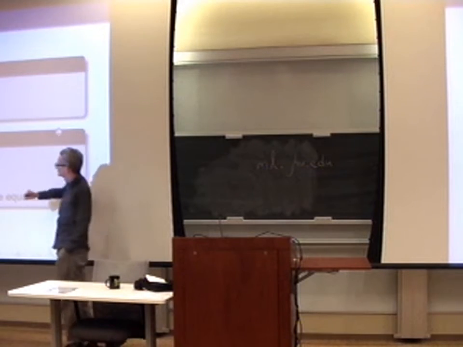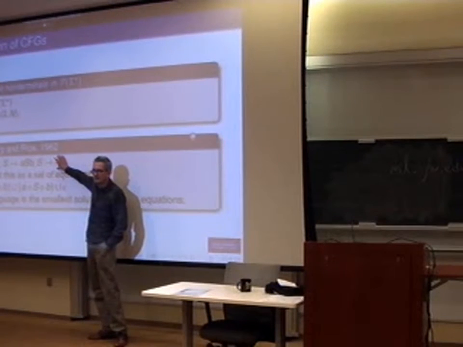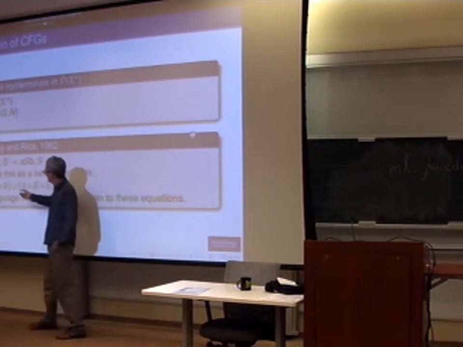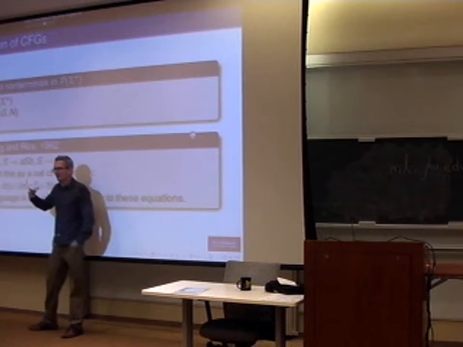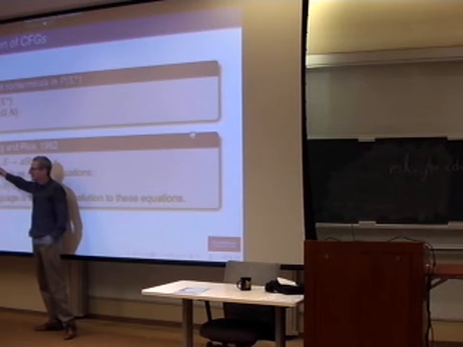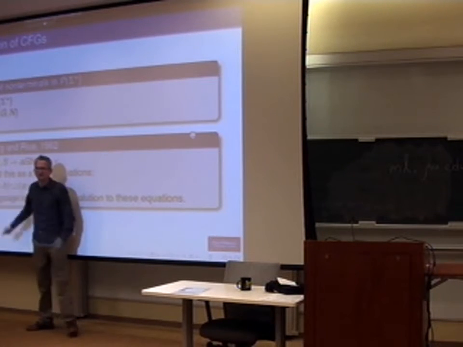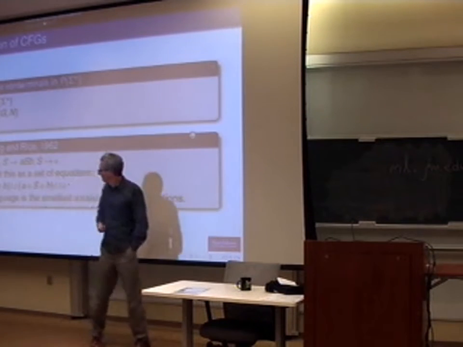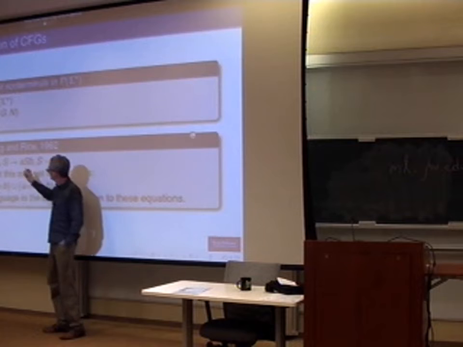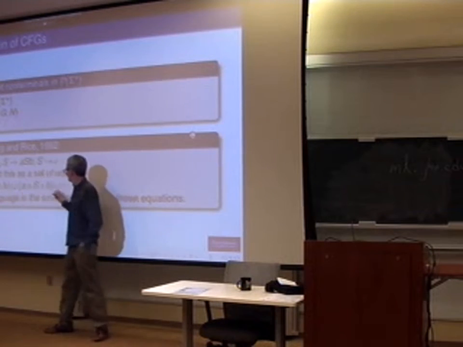Now, what Ginsburg and Rice show is that if you have some context-free grammar, maybe one which just has this set of productions here, we can view this as a set of equations, where S, now instead of being a symbol, is a variable that refers to a set of strings. We can convert the right-hand side of each of these productions by using this concatenation operation, which is just concatenation of sets of strings, and where we have several different productions with the same left-hand side, we take the union of them.